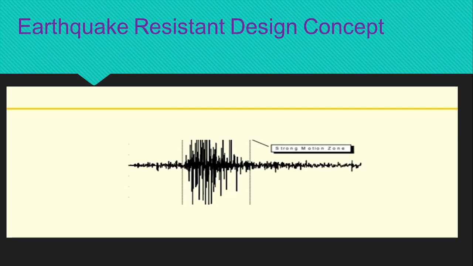So, the earthquake resistant design concept, the design philosophy or the objectives of earthquake resistant design of structures, are attributed to different modes of vibration and depend on the magnitude and the intensity of the earthquake. Based on that, one has to go for the level of the earthquake shaking.